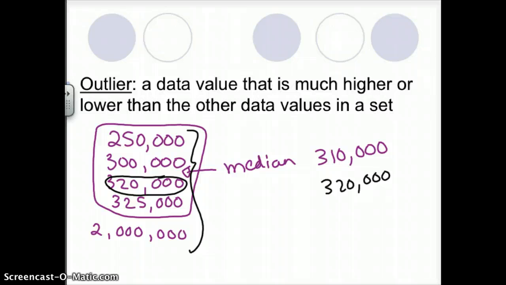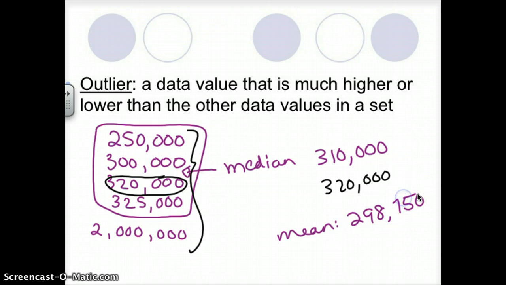But if you look at the mean and compare what's happening there, if I add up all these numbers, 250,000, 300, 320, 325, and divide by 4, how many there were, the original mean was $298,750.